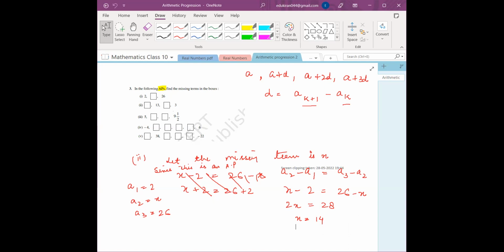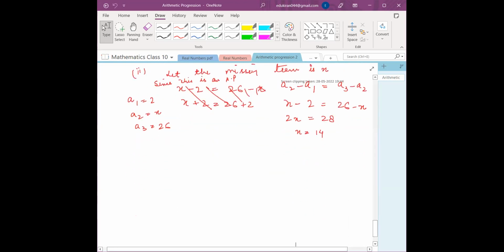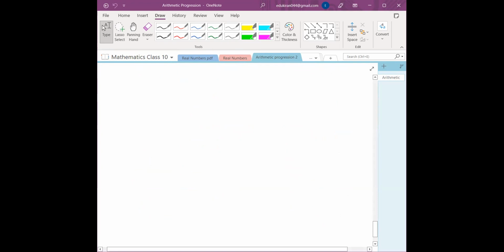Any guess here? This is an interesting question. Okay, now see here, you have something missing here, then you have 13, then something missing here, you have 3, right?